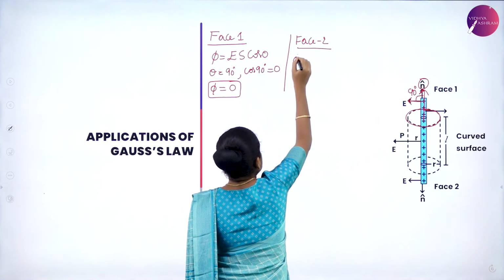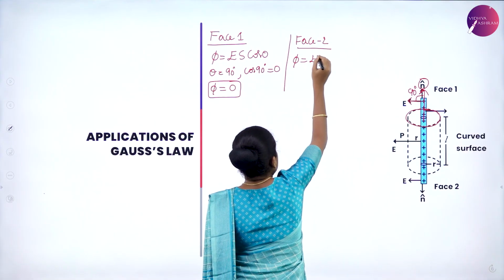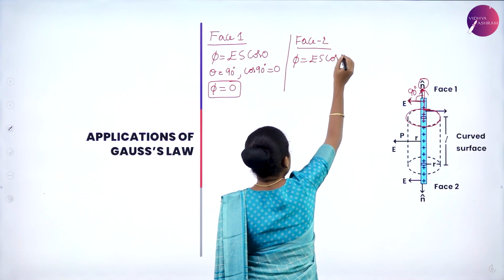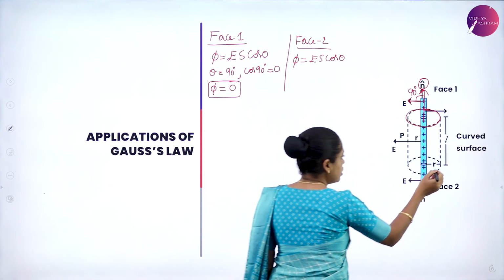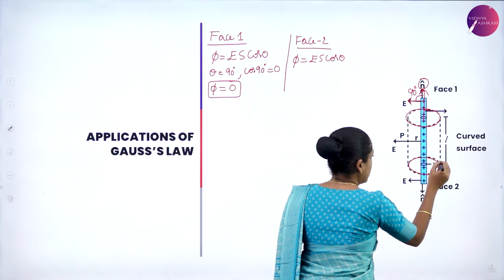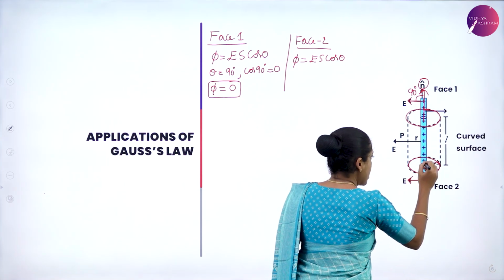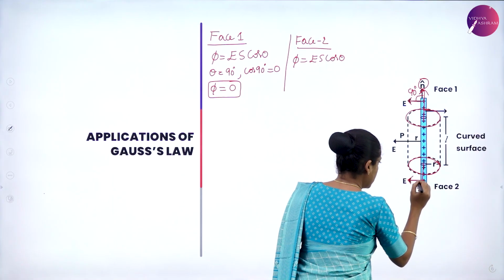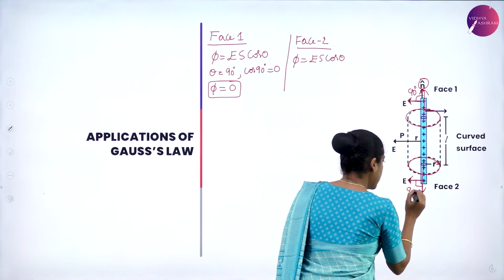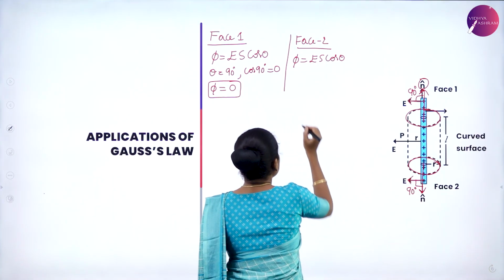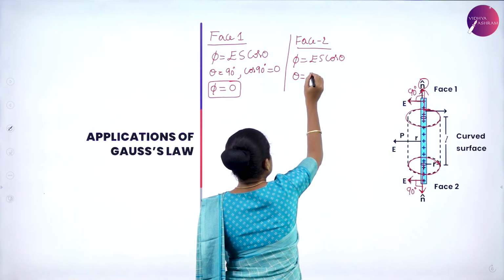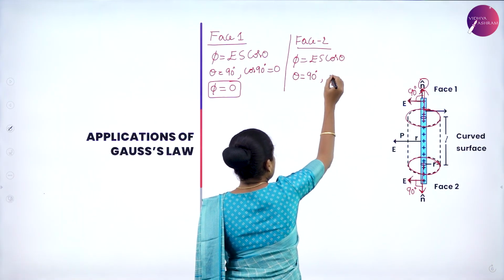So phi is equal to ES cos theta, and let us find the theta between the electric field and the direction of area. Here the angle is 90 degrees. Therefore, theta is equal to 90 degrees.